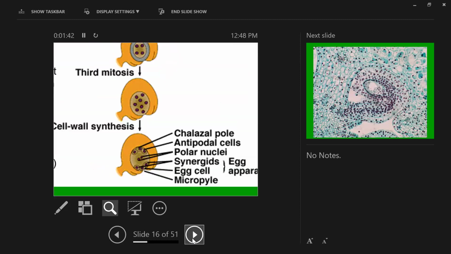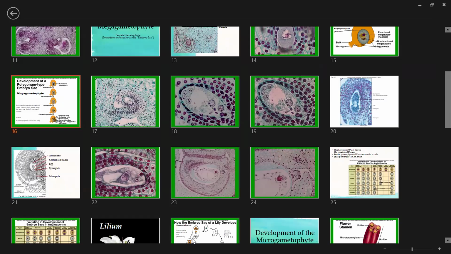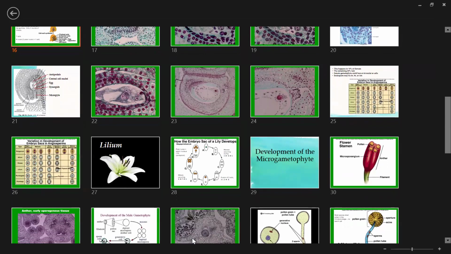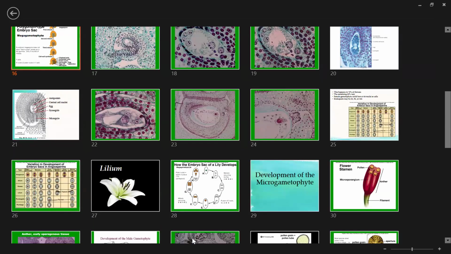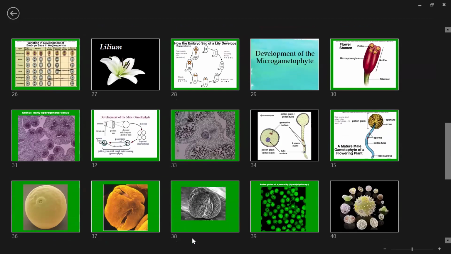So don't be surprised if you see a big one where I have nuclei, total cells, the egg, synergids, the integument. Questions on the life cycle, or the megagametophyte idea? It's pretty straightforward, just 3 rounds of mitosis.